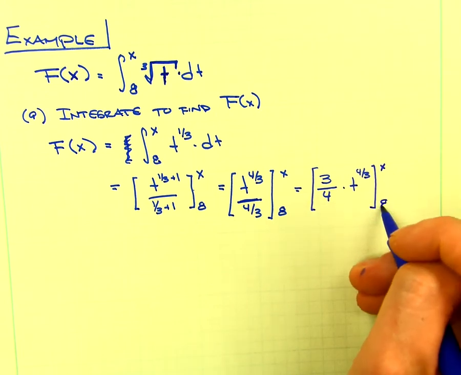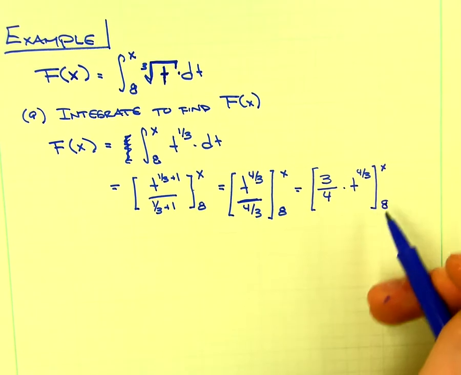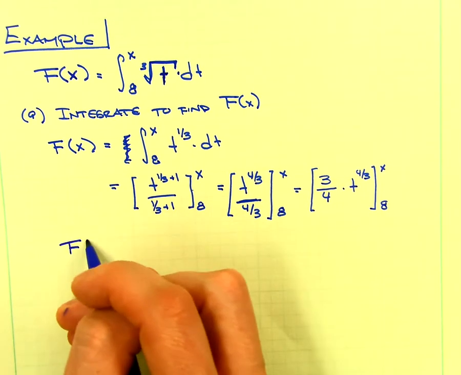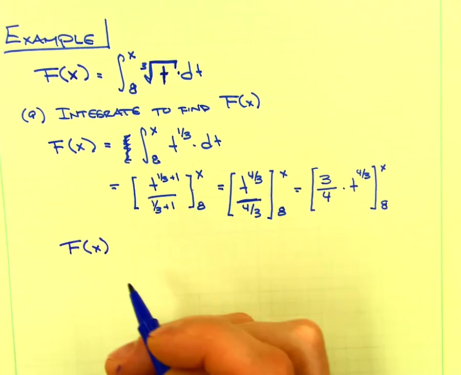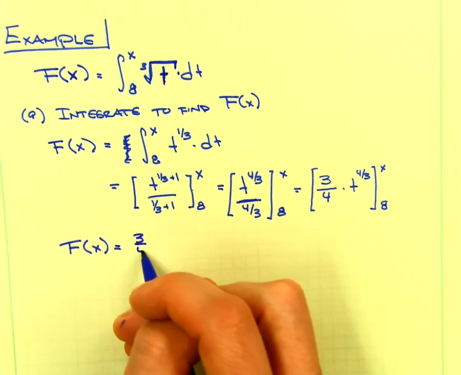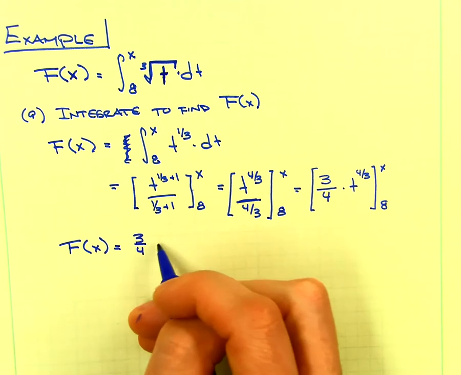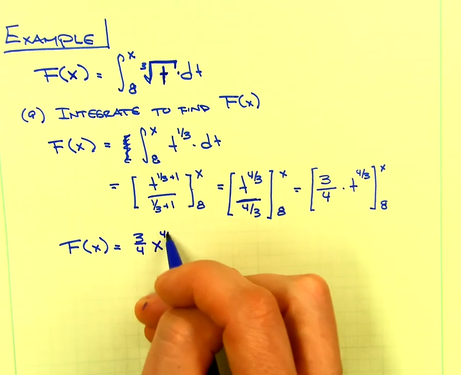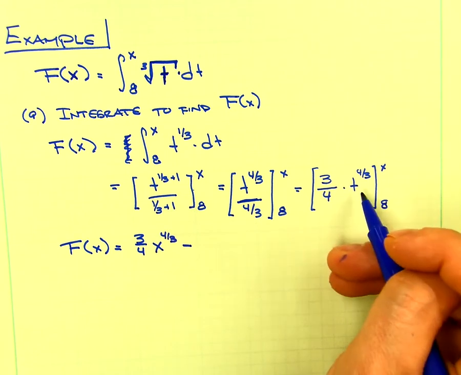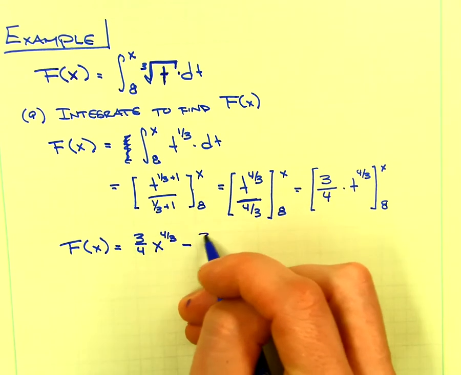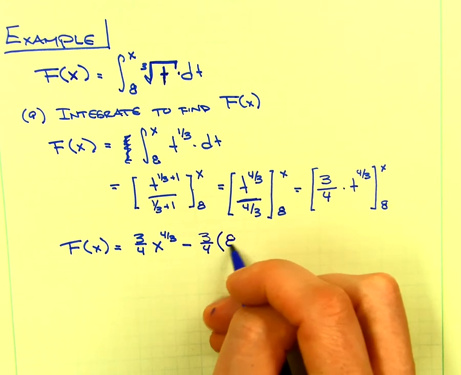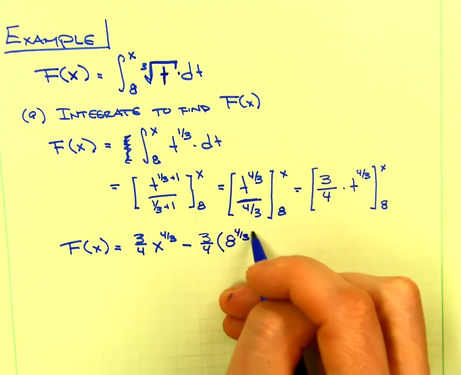Now my f of b in this case is going to be f of x. Okay, so I can say my overall F of x is equal to 3/4, and I'm plugging in my b value, which here is x, so now I've got x to the 4/3 minus, now I'm going to plug in 8 for t, so 3/4 times 8 to the 4/3.